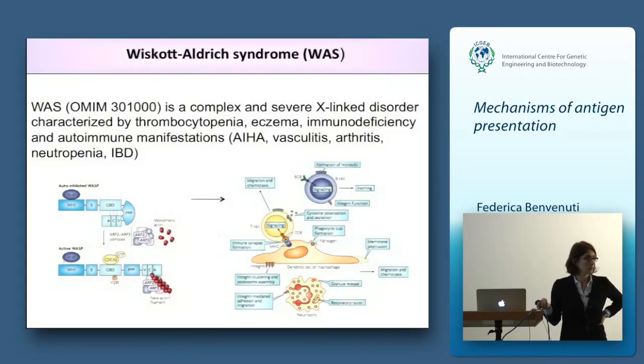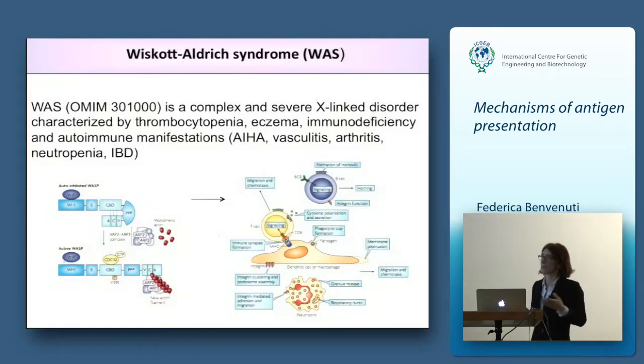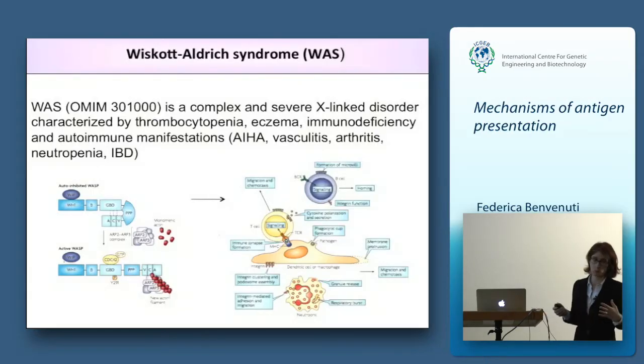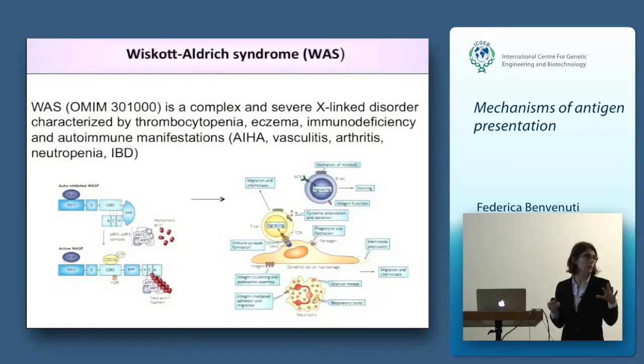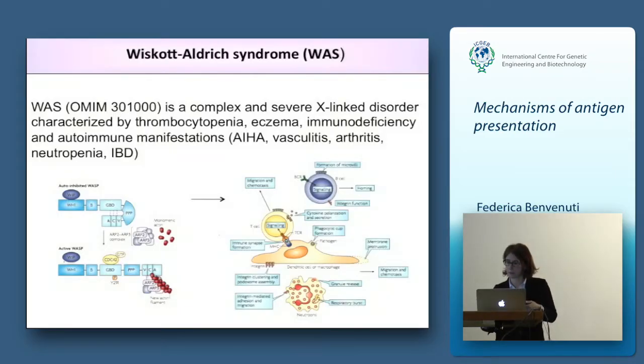So this is actually how we began to study what happens to dendritic cells when they miss this critical regulator of actin polymerization. There was a little bit of knowledge already at the time about the fact that lack of WASP obviously influences the capacity to internalize antigens and to migrate, but there was very little knowledge about the capacity of DCs to interact with T cells in this pathology.